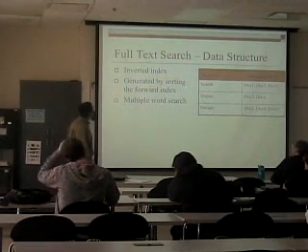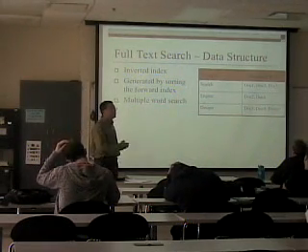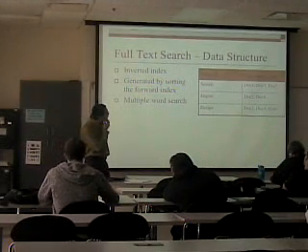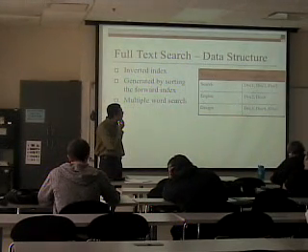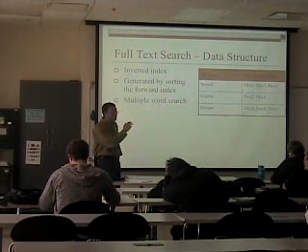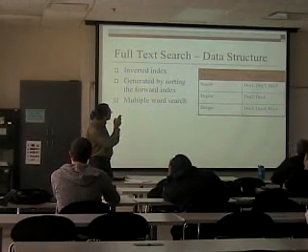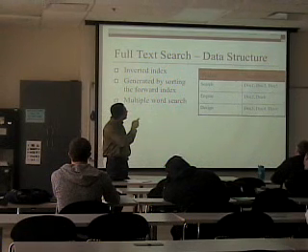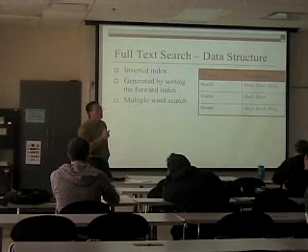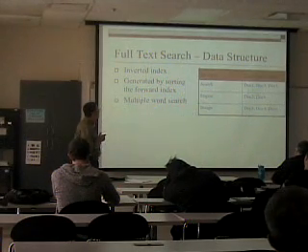So here is the inverted index. Once you have the forward index, you build an inverted index. The key is the word, and the value is the document. For example, for the word design, documents number 3, 4, and 6 contain the word design.